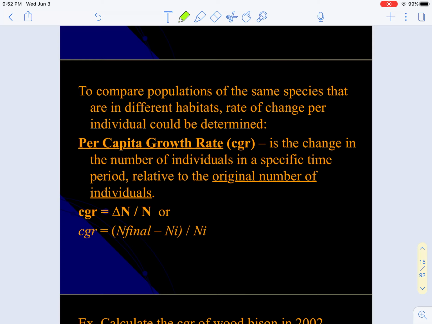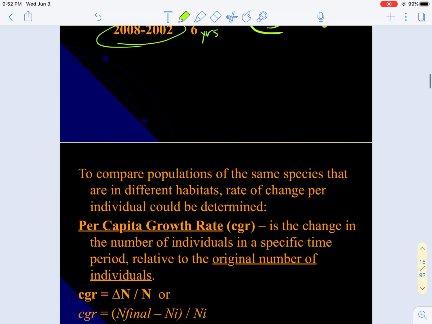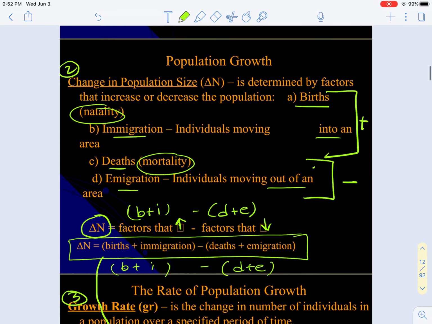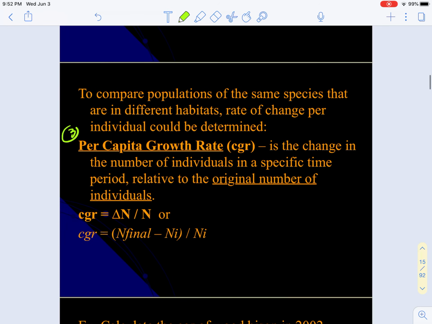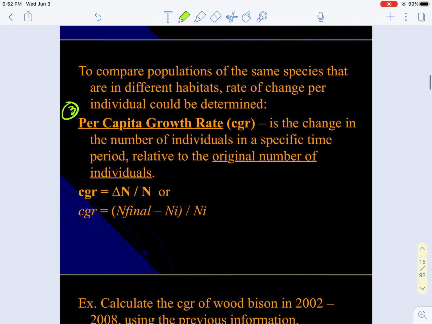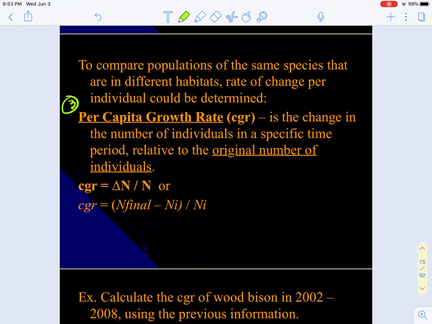Some of the questions you have will involve the B plus I minus D plus E to use for the change in number. And the same goes for the per capita growth rate. And for the per capita growth rate, which is number 3, I believe, the per capita growth rate, CGR, is the change in those number of individuals compared to the original number it had.